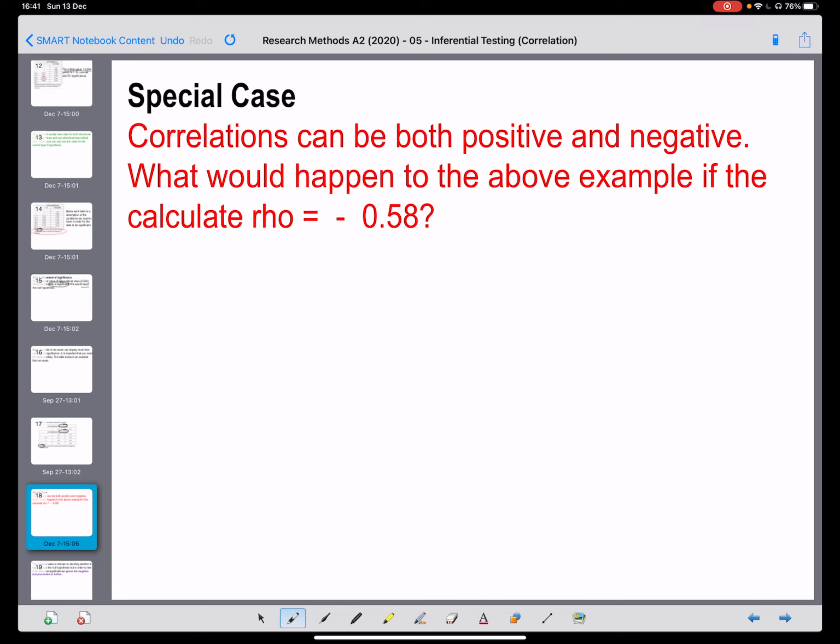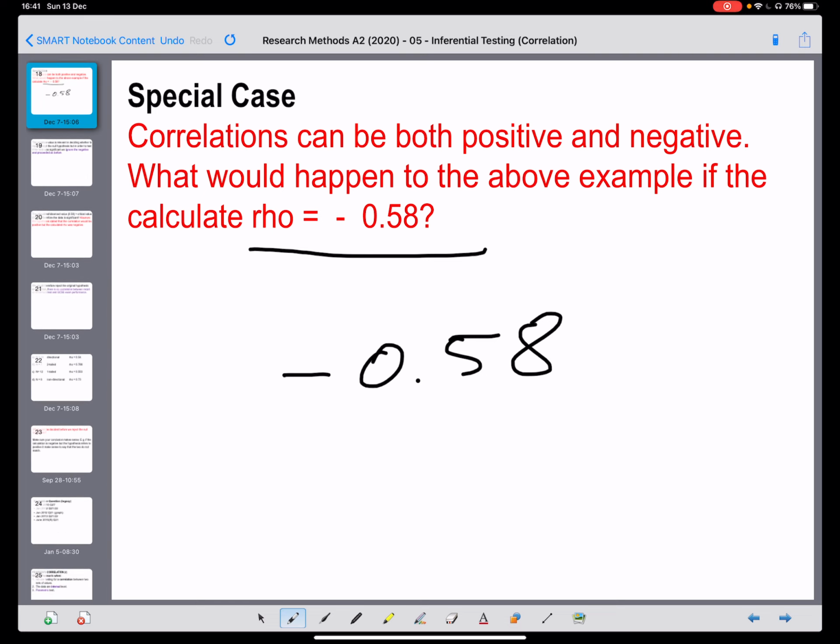Now, you might have wondered about my previous hypothesis that said that there's a positive correlation between exam results and recall in a memory test. But what happens, for example, if when they worked it out, they actually worked out my rho value to be minus 0.58? Because if any of you have done a correlation by hand, you would have seen that you can enter in the data and you can actually get a negative correlation.